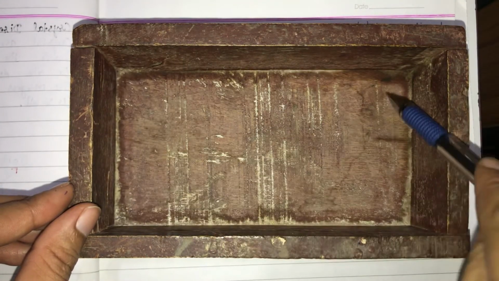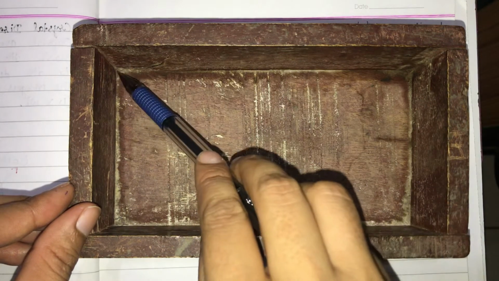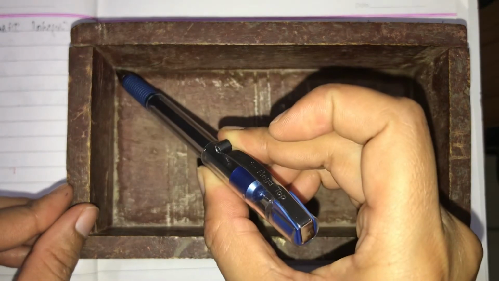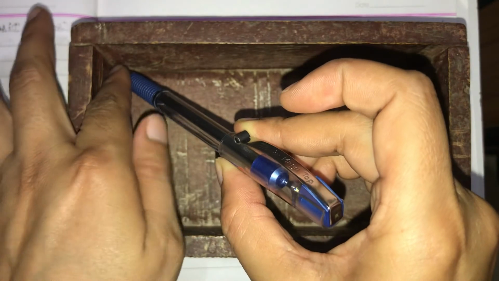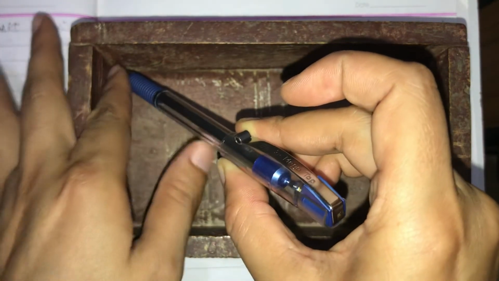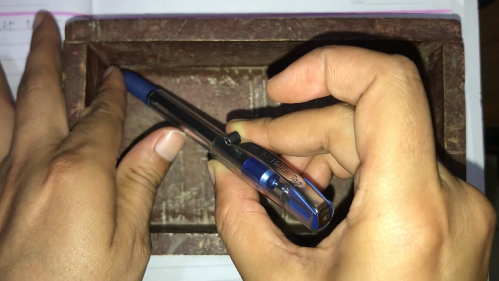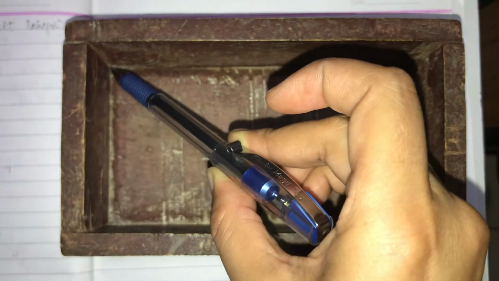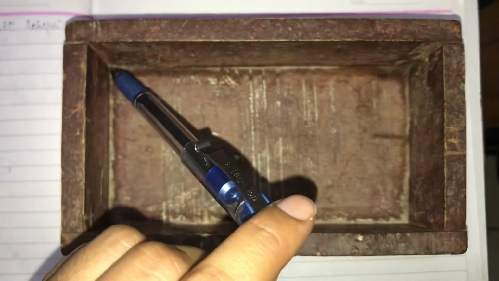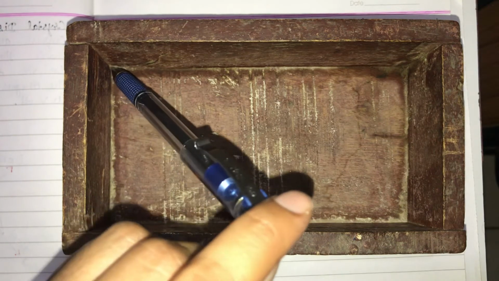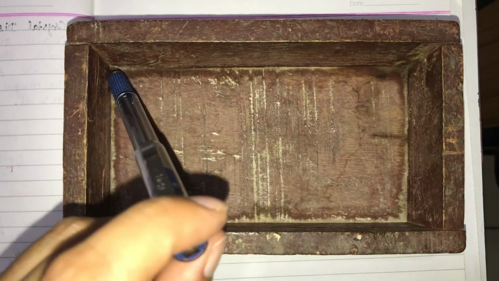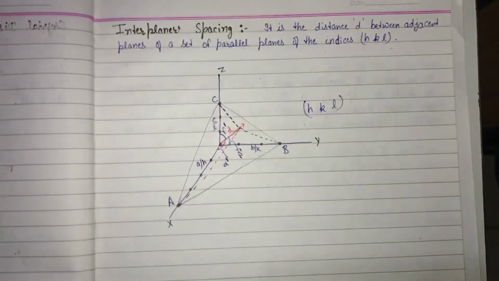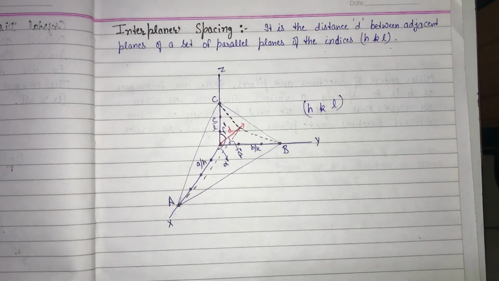To find it, for this plane I draw a perpendicular to the plane like this. So this perpendicular distance from the origin to this plane is called the interplanar spacing, which is small d. Clear? So next is how to calculate this interplanar spacing.